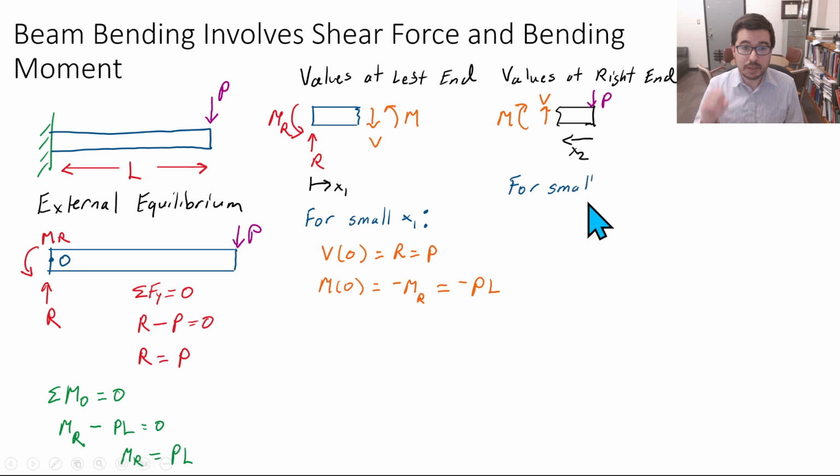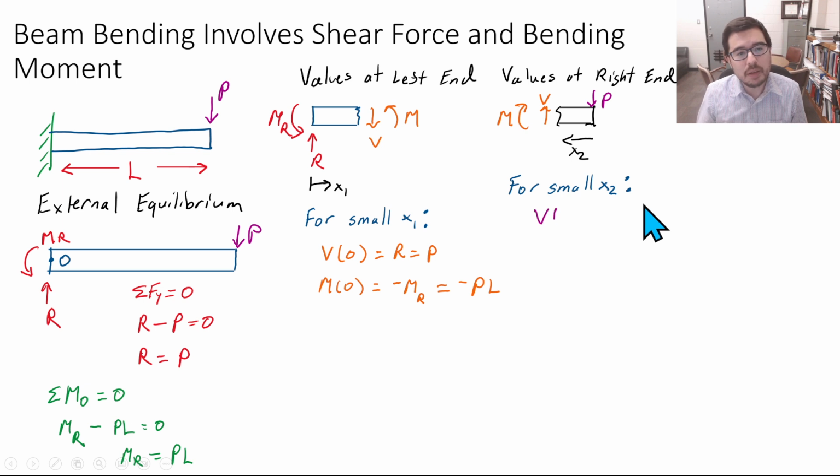It's good to stick to one way of doing things. And when we do the plots, we want to stick to this convention so that it's easy to communicate what we mean when we plot the shear force and bending moments.